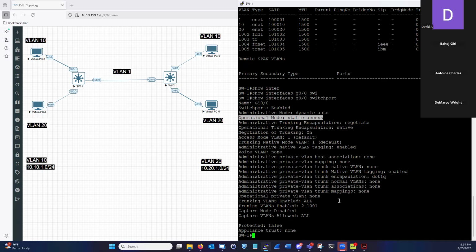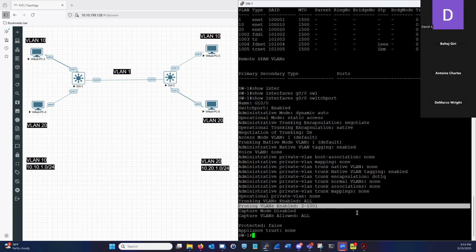What else will tell us that it's only carrying one VLAN? Let's go down here. It tells us trunking VLANs enabled. What does it tell us after that? Pruning VLANs enabled 2 through 1001. Absolutely.